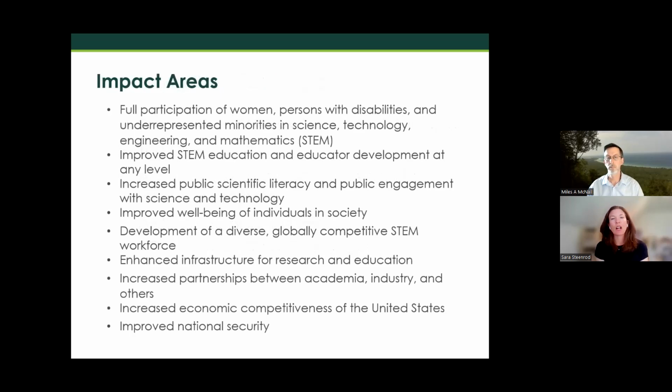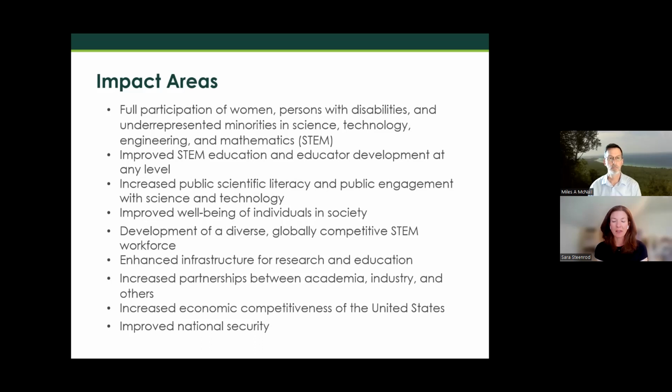So to give you a more concrete idea about what NSF means by broader impacts, NABI, so it's the National Alliance for Broader Impacts, it's now known as ARIS, has identified 9 impact areas of desired societal outcomes. So those, we'll just go over those briefly. The full participation of women, persons with disabilities, and underrepresented minorities in science, technology, engineering, and mathematics. Improved STEM education and educator development at any level.